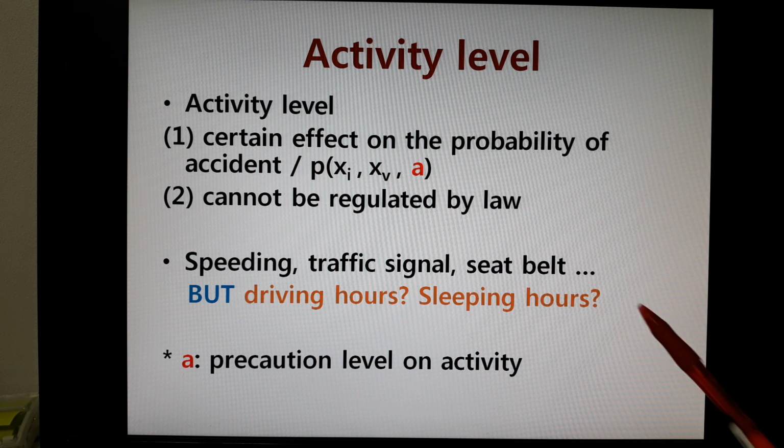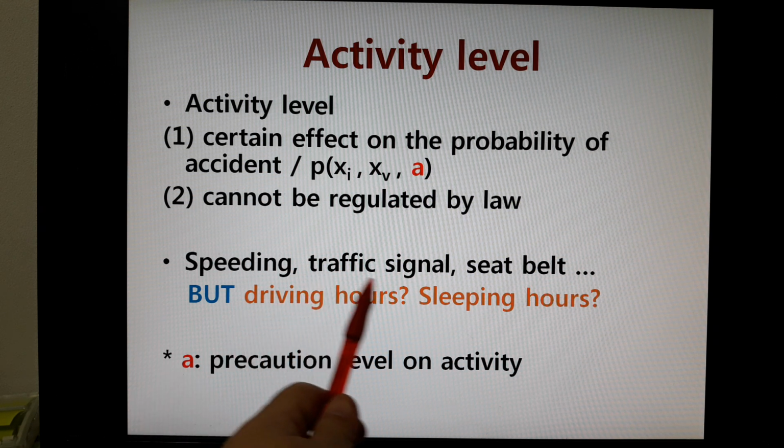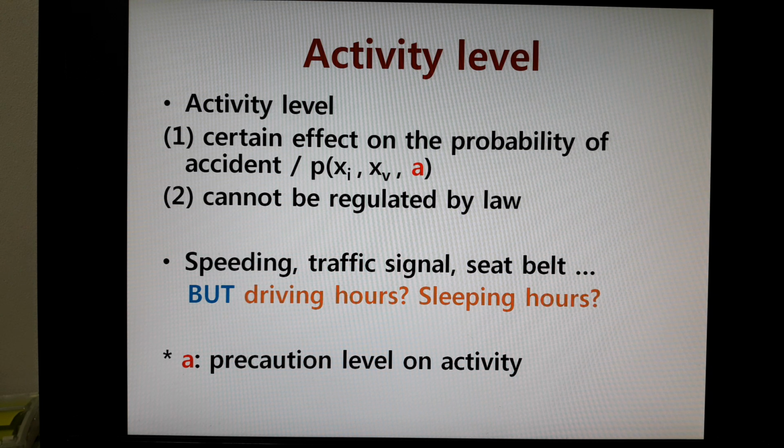If you think about driving a car, if you are speeding, the police or CCTV measure your speed, and if you are speeding too much, you have to pay a penalty. Traffic signal, if you violate a traffic signal, then you will be caught and you will be punished.